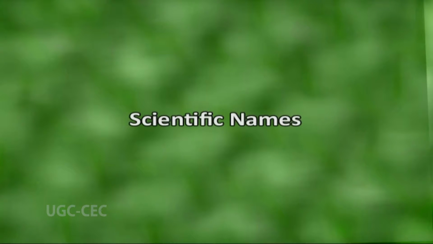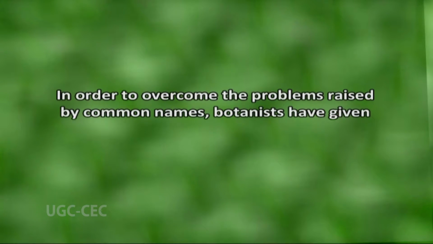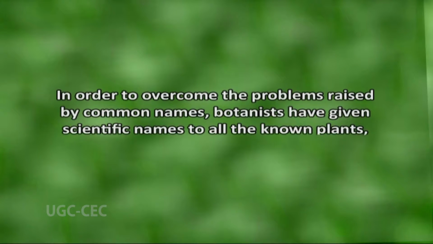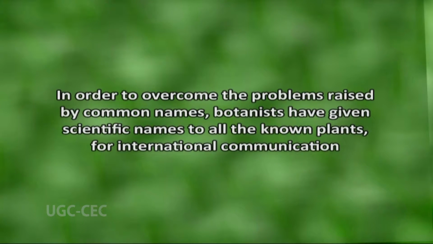Now, scientific name. Plants should be named in such a way so that it can be used internationally in order to overcome the problems raised by common names. Botanists have given scientific names to all the known plants for international communication.